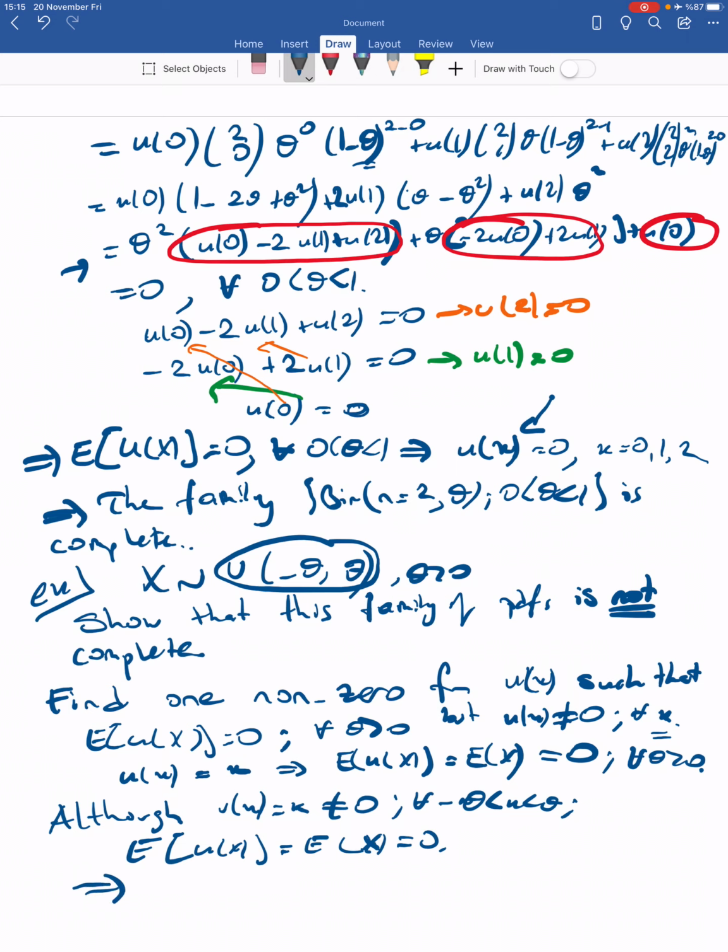So this means that this uniform family, uniform from minus theta to theta, where theta is positive, is not complete.